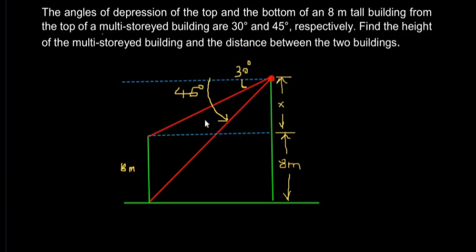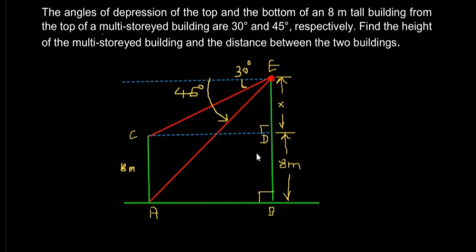Now as you can see, there are two right-angled triangles formed. Let me write the names as A, B, C and D at this point, and this point is going to be E. Now CDE is one right angle triangle, and ABE is another right angle triangle.